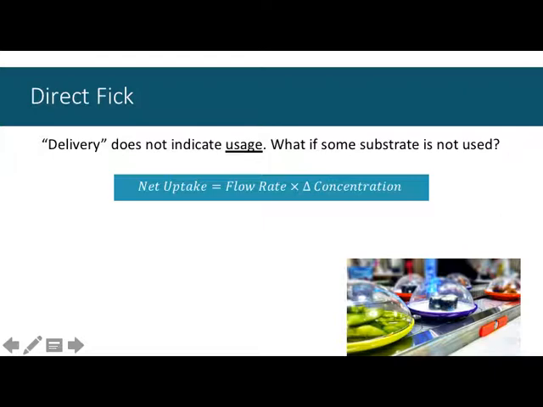The net uptake is flow rate times the change in concentrations. Overall concentration, 3 sushi per meter. But let's say we don't eat 3 sushis, we only eat 2. We're leaving 1 on the conveyor belt to be sent to someone else. We're being generous.